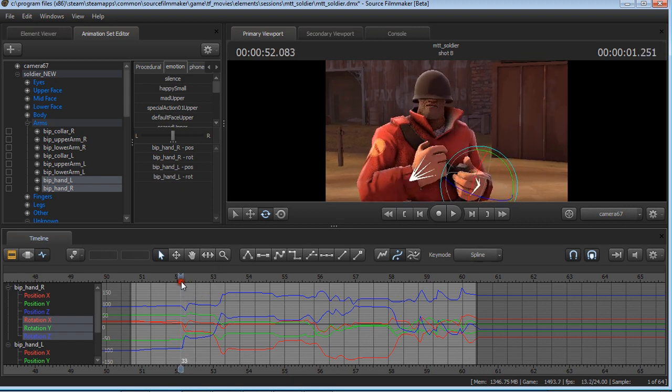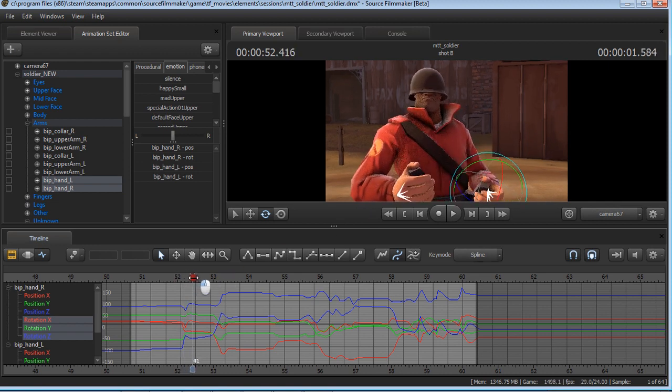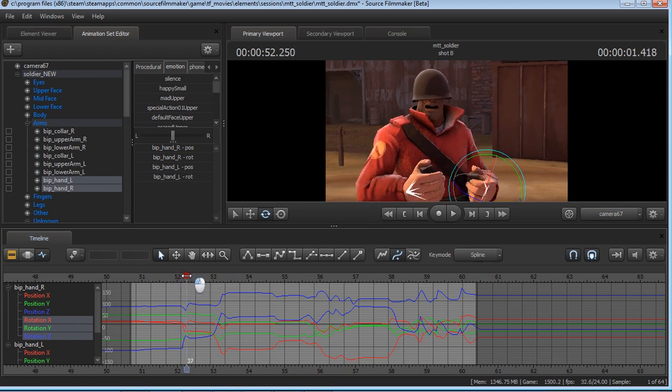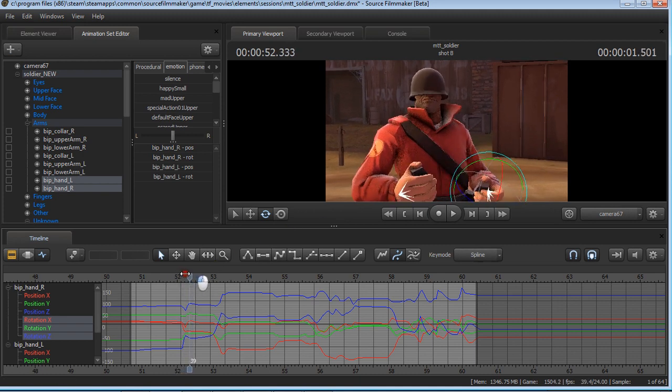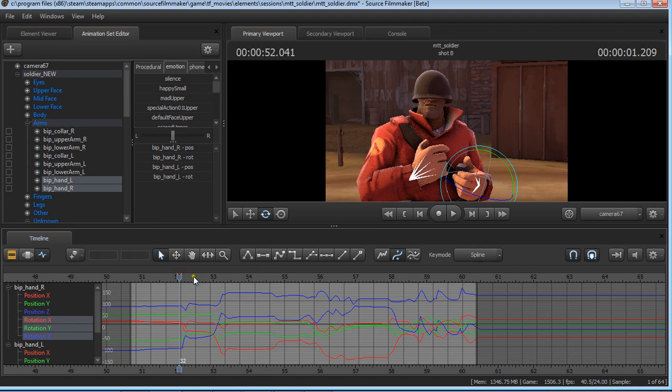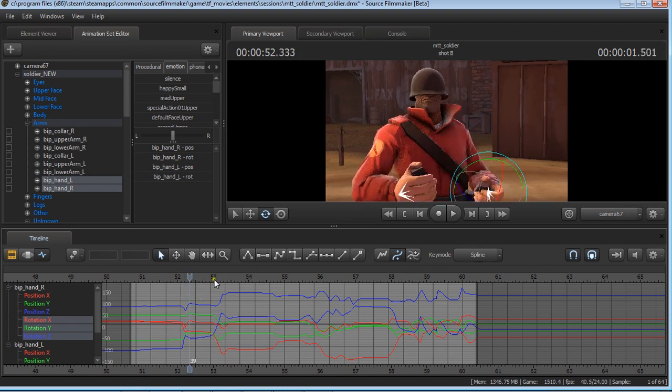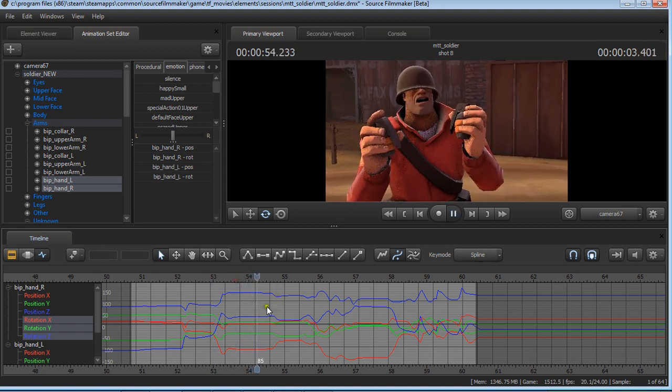And then this hand does a little bit of a rotation before it comes down. So it goes up and down, and this hand goes right and left, instead of just going straight from here to here. So yeah, pose to pose in action.